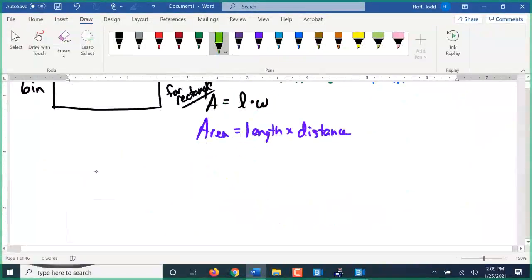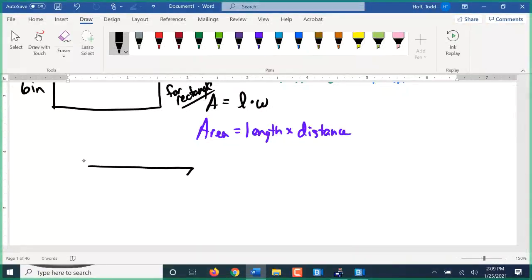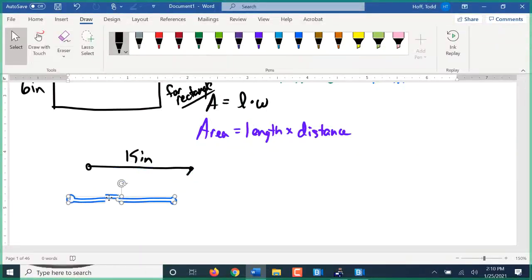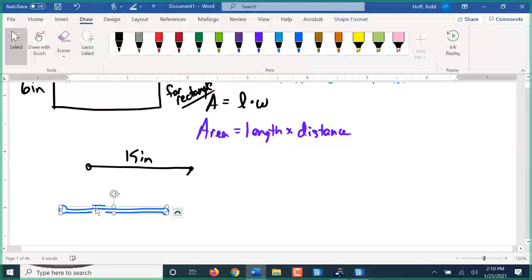I have a figure that looks like this. My stick again, and let's say that this is still 15 inches long, just like in our rectangle. But instead of pulling it like this, I'm going to pull it at an angle like this. Notice it is still staying in the same orientation it started. It's staying parallel to its original orientation.